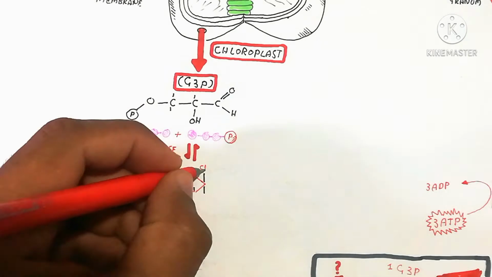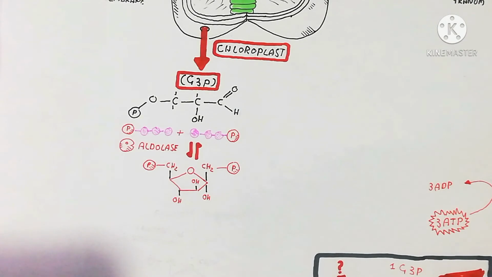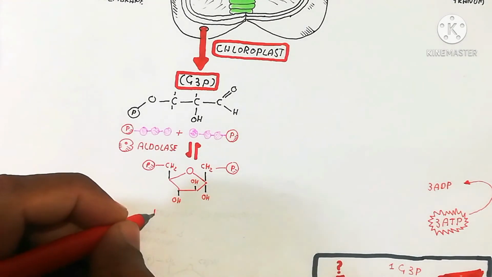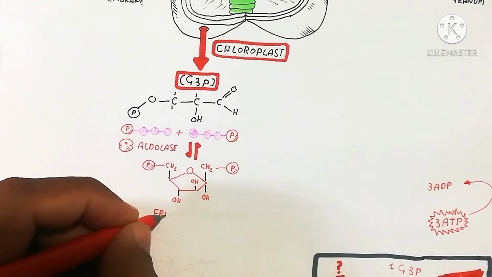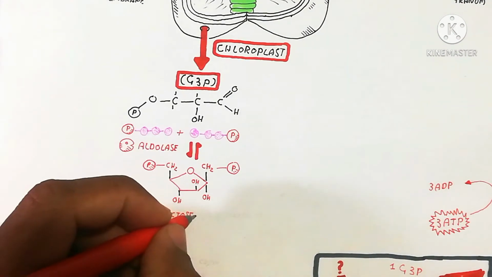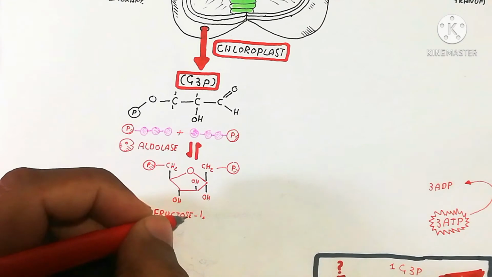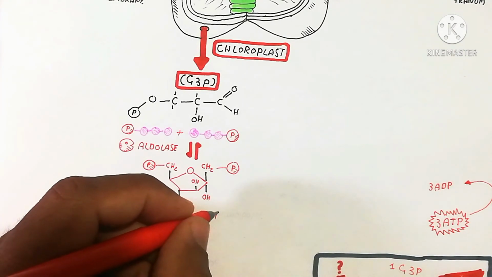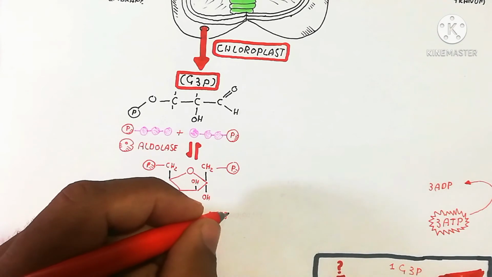These 3-carbon molecules attach to each other by the aldolase enzyme. So 2 molecules combine to produce fructose 1,6-bisphosphate, meaning carbon number 1 and carbon number 6 contain phosphate groups.